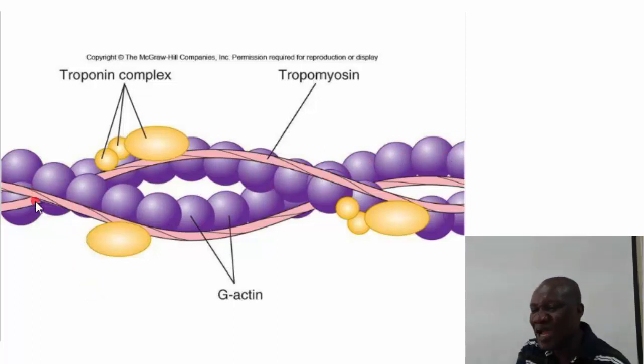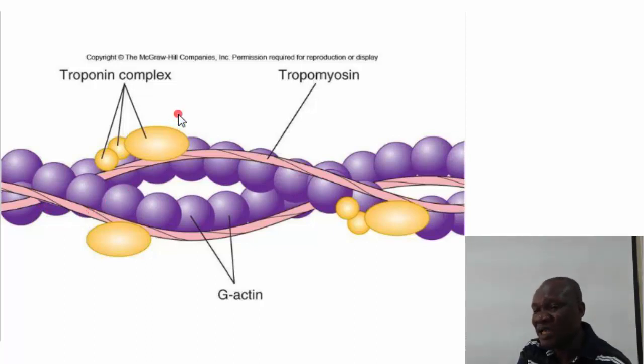Intertwined with it is the tropomyosin chain, which covers the myosin binding site on actin.